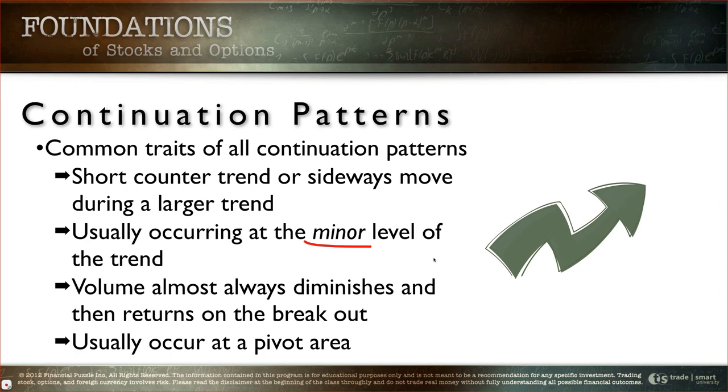They're going to reverse a 6 to 9 month trend, typically speaking. Yes, they can happen on an even grander scale and reverse a primary trend. But certainly all the examples I showed you in the last class are more the intermediate level trend reversals. So these that we're looking at tonight are going to be minor level. We're going even smaller as we get into even more detail of the patterns here.